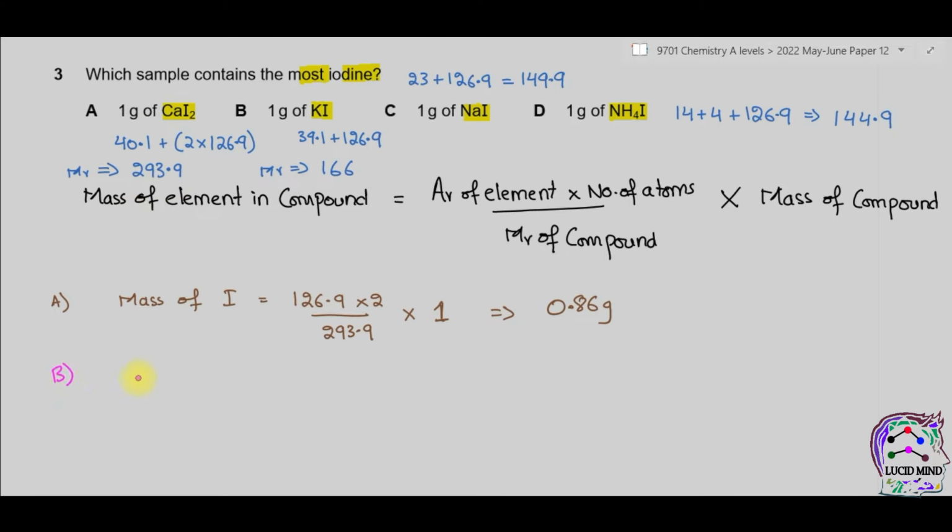Similarly for part B, mass of iodine is equal to 126.9, number of atoms is 1, divided by the MR of potassium iodide, 166. So it is equal to 0.76 grams.